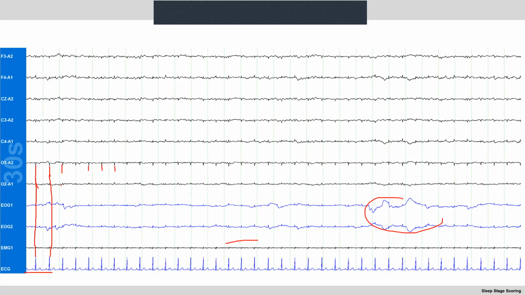I may not be putting it in a straight line, but it is because this ECG is being picked up by your electrode. Mainly it is picked up by your occipital electrodes. If you see frontal, not so much, because volume conduction is there, that's why it is picking up.